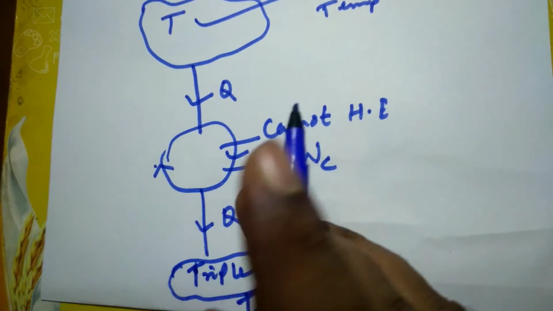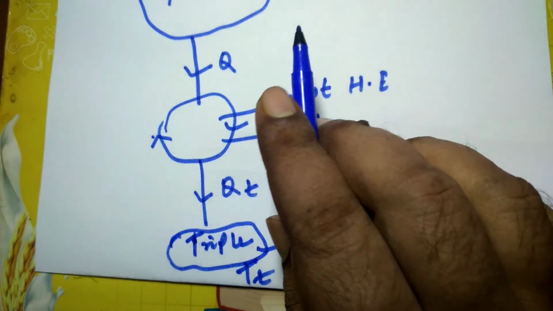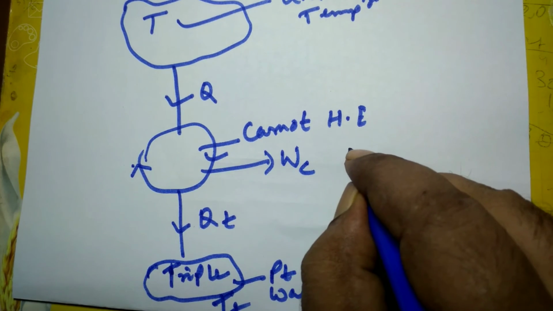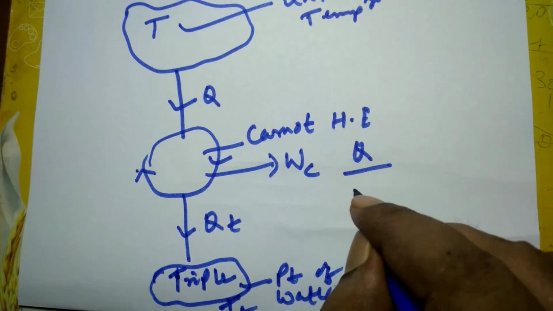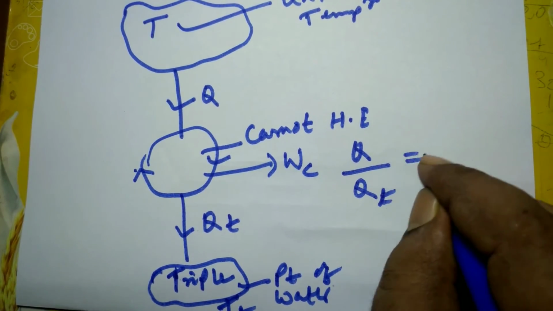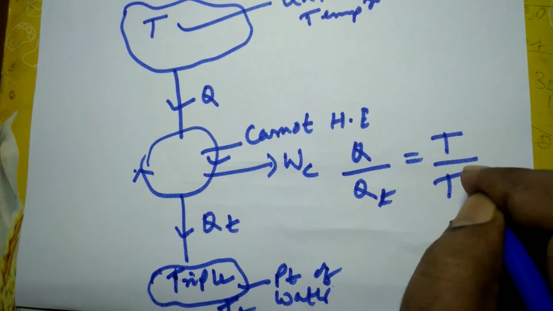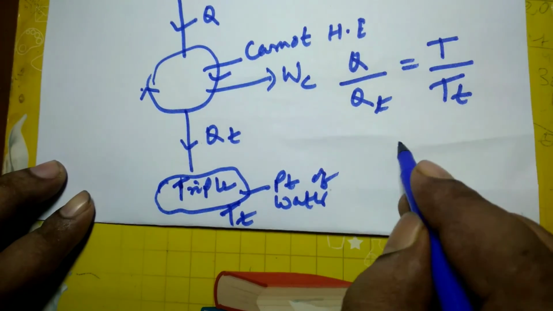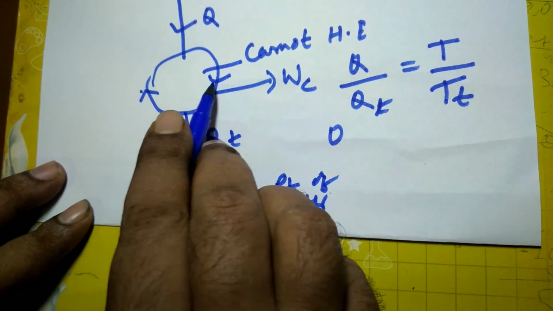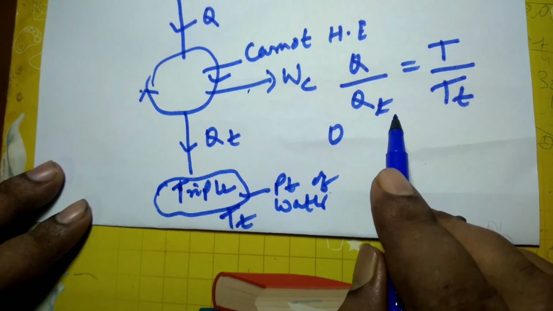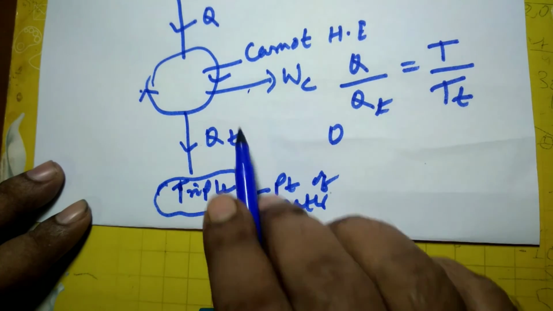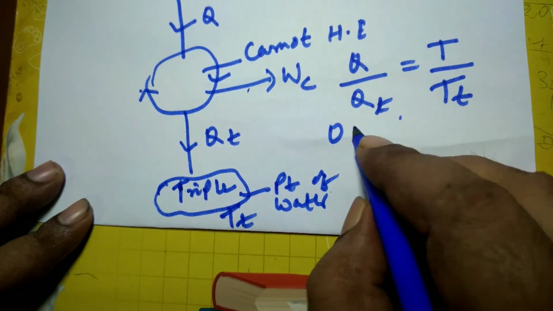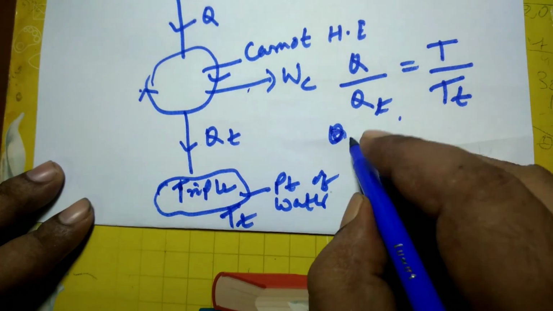From this thermodynamic temperature scale, just this QH by QL is equal to TH by TL, what I can obtain is Q divided by Qt is equal to T divided by Tt. Tt is nothing but the triple point of water. Since it is a reversible heat engine, this relation will be valid. Q by Qt is equal to T upon Tt. T is the temperature to be measured.